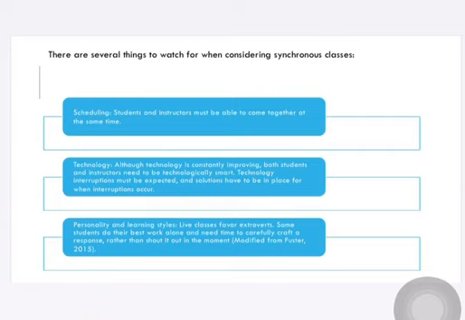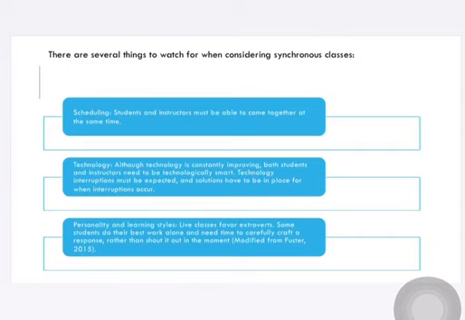Technology is constantly improving, so both students and instructors need to be technologically smart. Technology interruptions must be expected, and solutions have to be in place for when interruptions occur.